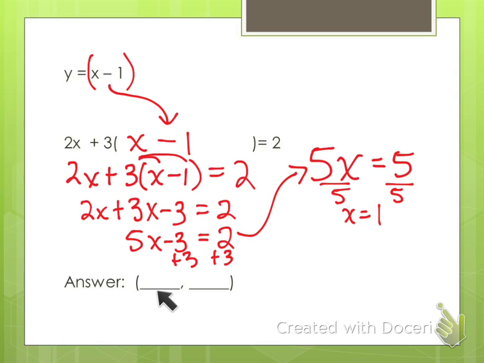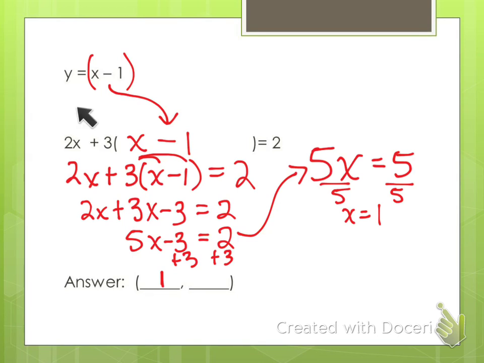The first blank is x, so we could fill a 1 in there. Do we know what the y is yet? Does anybody know what the y is yet? You shouldn't. We haven't found it yet. Okay.